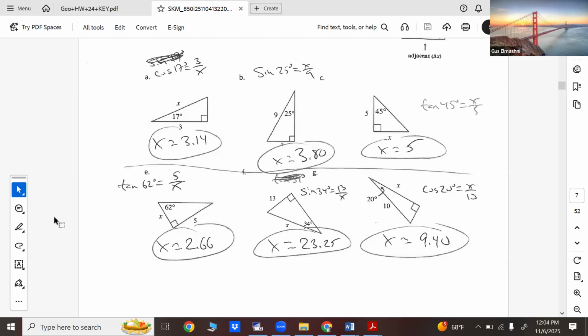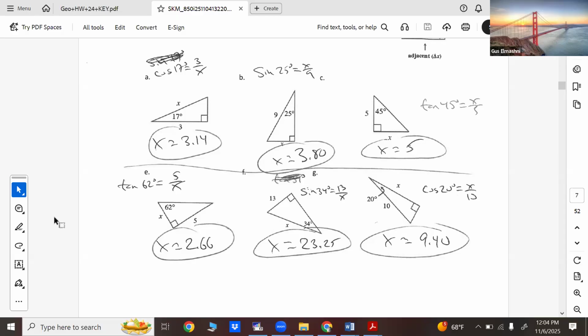And then we have the side for each. Actually, we have to do this. Side opposite equals opposite. We don't know what the opposite is. I just look for whatever has that.